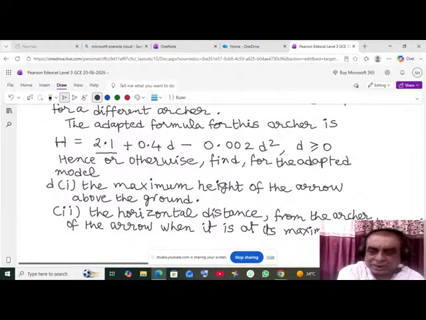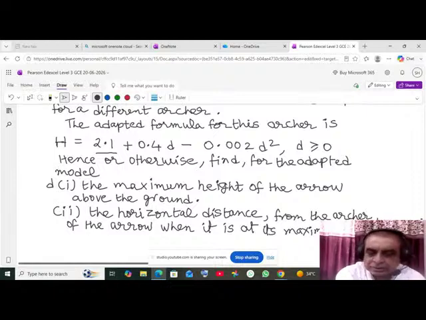Hence or otherwise, find for this adapted model, for the other archer. There are two parts of D. First part: the maximum height of the arrow above the ground. What is the maximum height reached by the arrow? You have to find that.